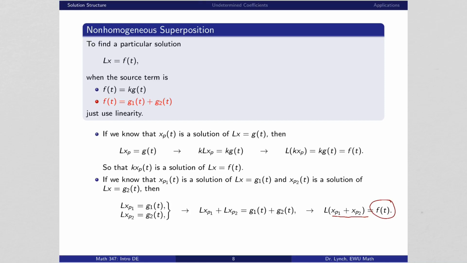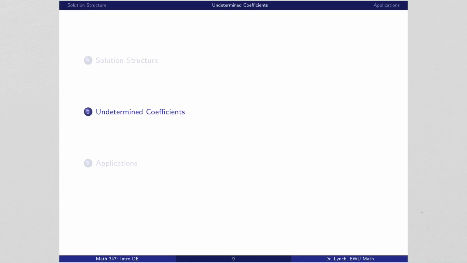So again, that's useful because oftentimes it'll allow us to break problems down and solve them in sort of modules and then put the solution together with linearity. So again, xp1 plus xp2 in this case is a solution of Lx equals f, when f is a sum of two functions for which we know the particular solution. So again, non-homogeneous superposition. Keep that in mind. It'll come up again here in a minute.